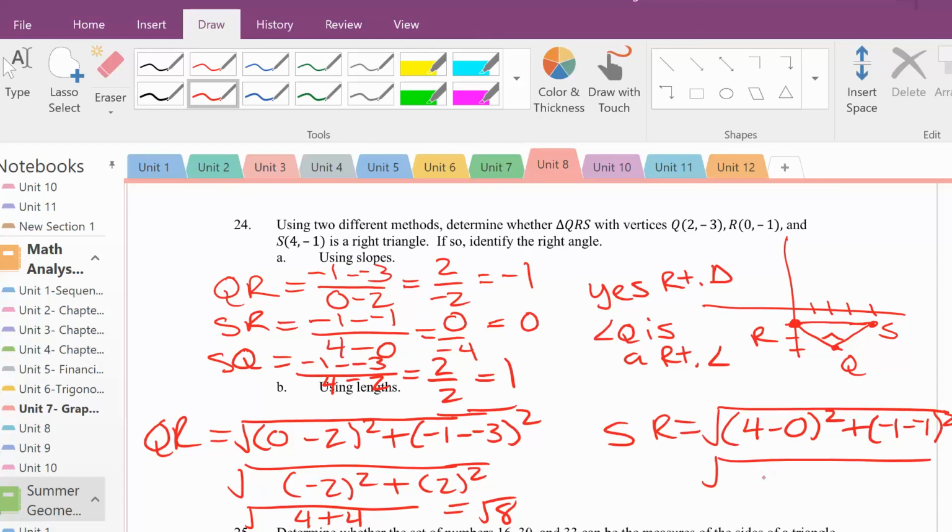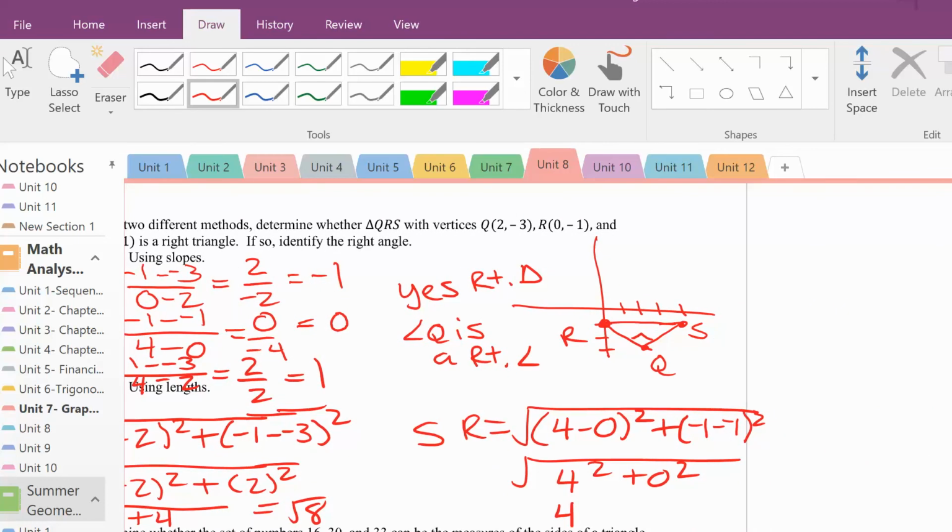So it's going to be the square root of 4 squared plus 0 squared. So it's just going to be 4 because it's the square root of 16.